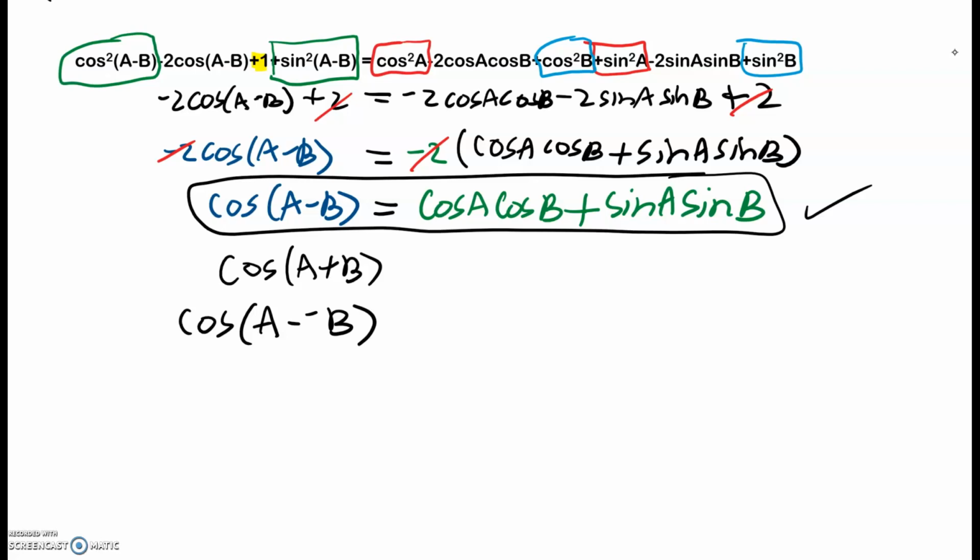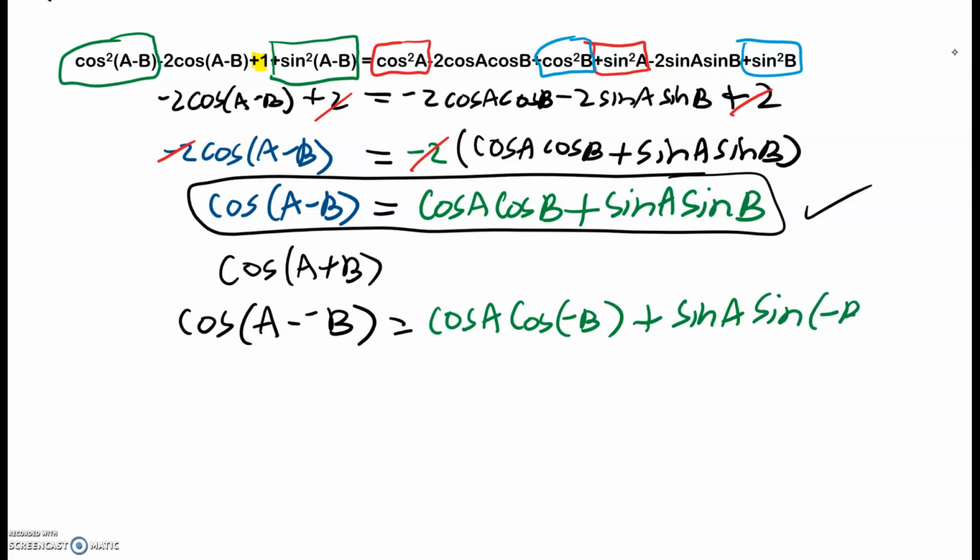So basically, that's going to equal cosine A and then cosine negative B. So we're just inserting a negative B where there used to be a positive B. And then that'll be plus sine A and then sine negative B.